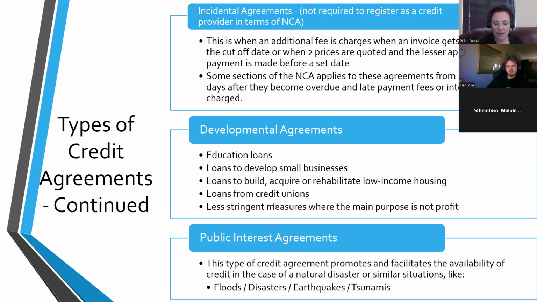So like I mentioned, in normal incidental agreements, it doesn't fall under the rules of the NCA because they just quote two prices and the lesser of two is applicable if you pay before a certain date. But in a scenario where it's a late payment and they charge me an interest or a late payment fee, then the NCA will apply to that specific section. Does it make sense?